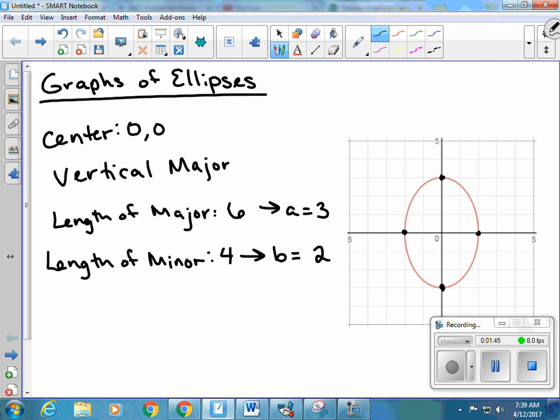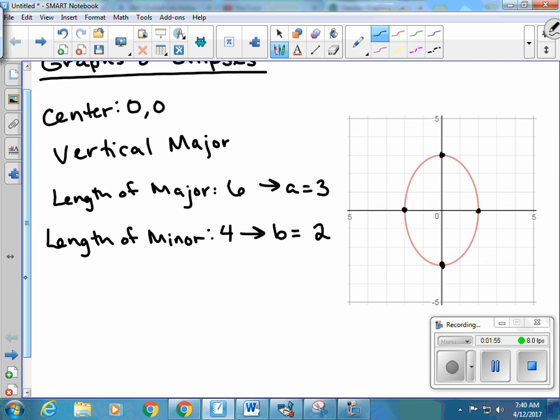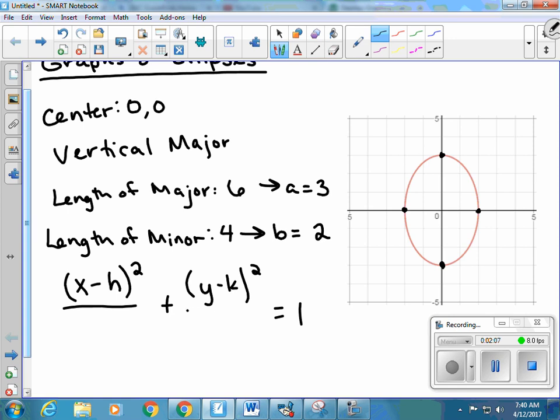So I can go ahead and write my equation, and then from there figure out where my foci would be located. My equation is in the form of (x minus h) squared over something plus (y minus k) squared over something equals 1, and because it's vertical, the a squared is underneath the y.